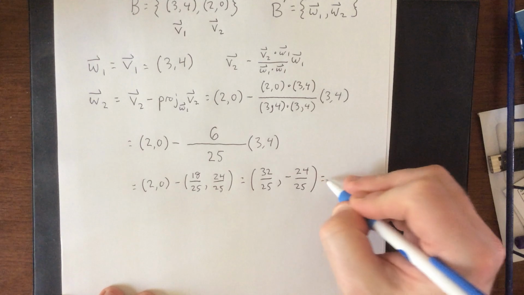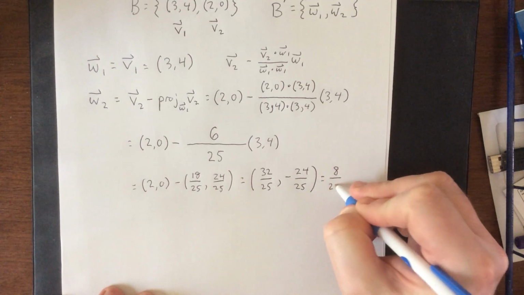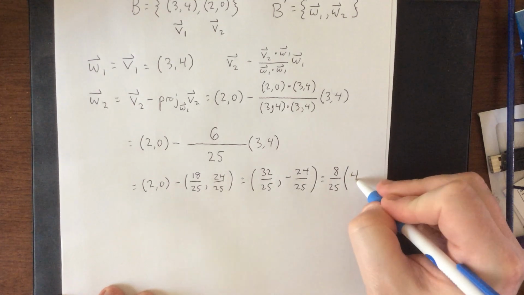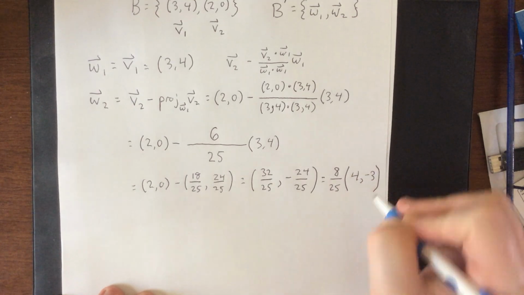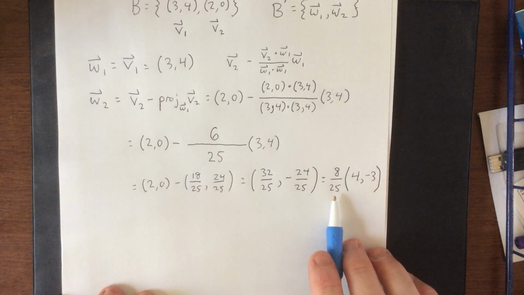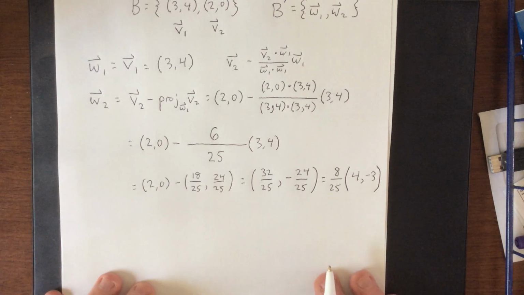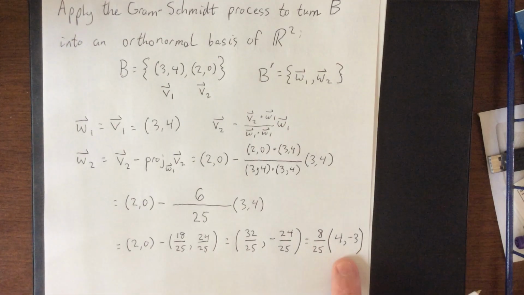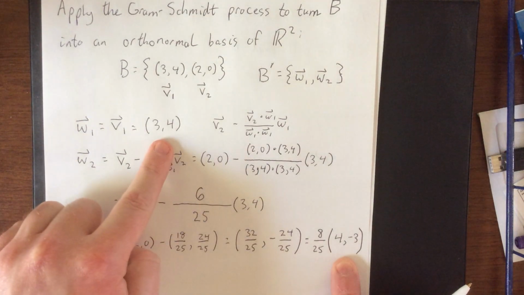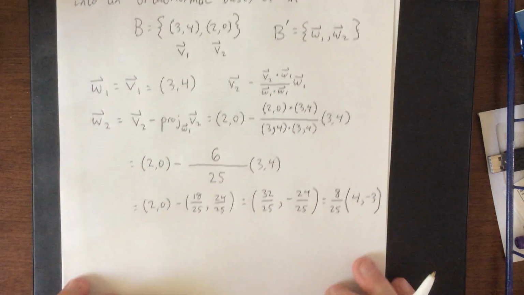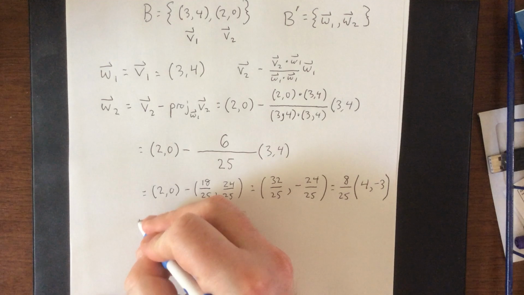What I'm seeing is that they do have a common 8/25ths that we could pull out. If we do pull out 8/25ths, we'll be left with 4 for the first component and negative 3 for the second component. This process of taking out the 8/25ths is really going to be beneficial when we're creating B double prime. Now, if we were to use the (4, negative 3) and the (3, 4) that we started with, a quick dot product will give us 12 minus 12, which verifies that these two vectors are in fact orthogonal to one another.